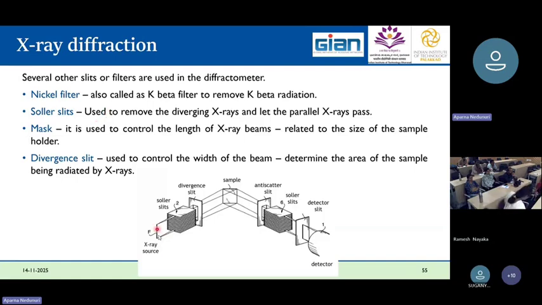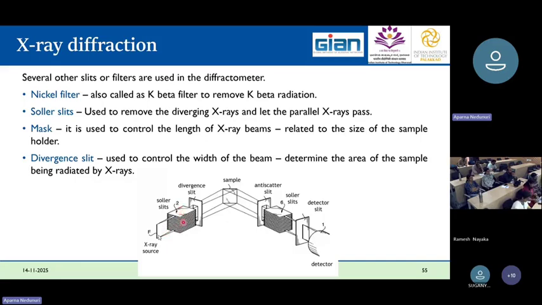So this is the X-ray source. X-ray source means what we have seen, the sealed tube. Assume this as a sealed tube, and these as beryllium windows through which your X-rays are coming out. Now these X-rays are coming out in all directions, right? So to have only those X-rays which are coming in parallel, we provide solar slits.